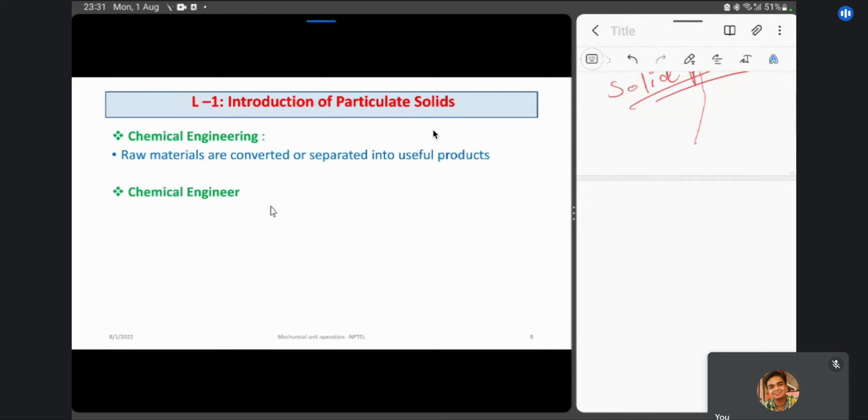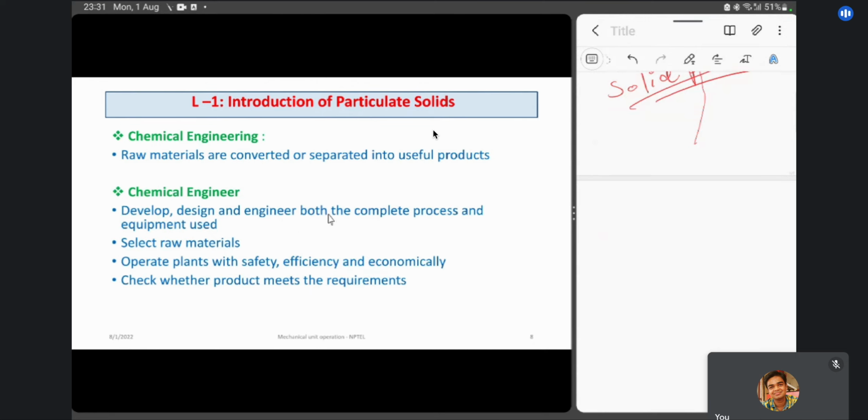Now, what are the duties and responsibilities of the chemical engineer? There are many duties, but roughly, one is to develop, design, and engineer complex processes as well as equipment. We need to not only develop the process, but also develop and design equipment for that particular process. We need to select the raw materials according to our need.